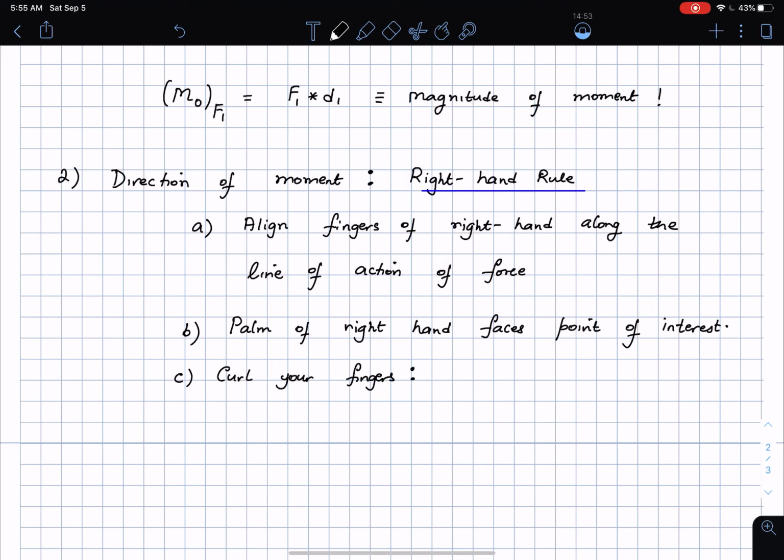Once you get to this particular step, the direction of the curl gives you the sense of the moment. Okay, so the direction of the curl gives the sense of the moment, and direction of the thumb gives the direction of the moment.